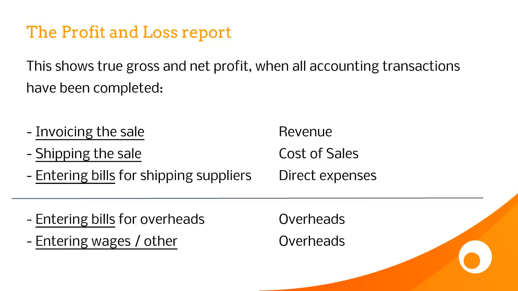To show the cost of sales, you need to ship the sale. And to show other direct expenses, you need to enter bills for various suppliers. Maybe your shipping supplier, perhaps you've got some sales channel fees from eBay or Amazon. And then to get the net profit, below this line, we need to enter bills for overheads and also enter wages and other accounting transactions. And it's only when we've entered all of these can we see our actual net profit.